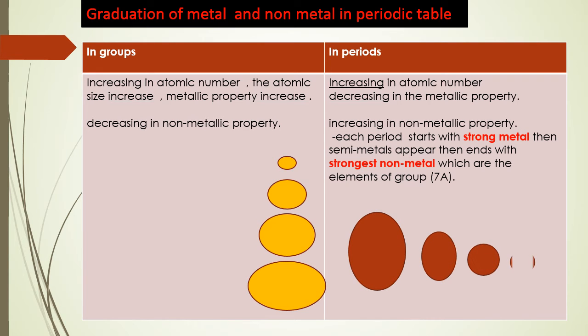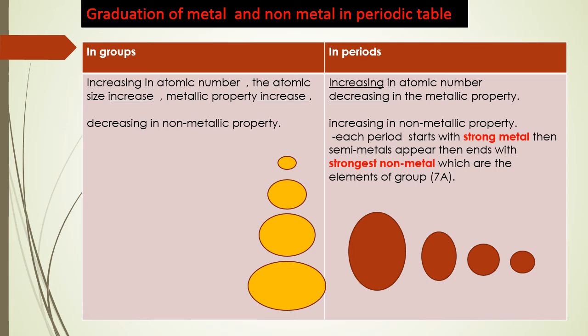In period it is the opposite. In period, as atomic number increases, the atomic size decreases, the metallic property decreases, but the non-metallic property increases.